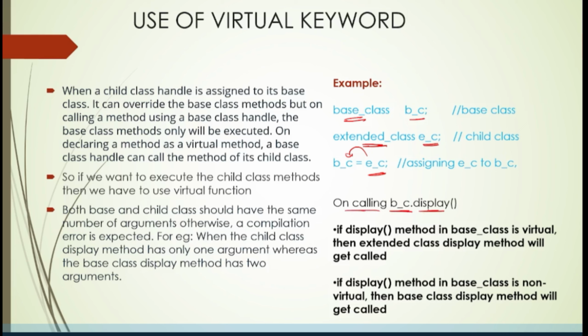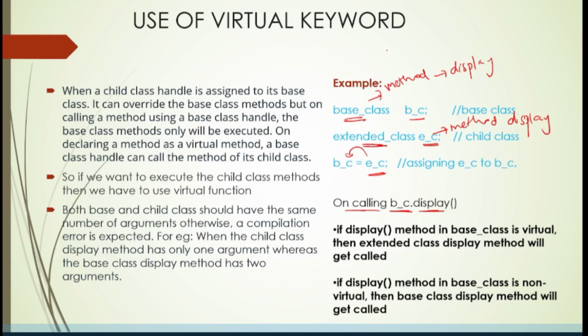You all already know that every class will have some methods and properties. So my base class has a method named display. Similarly, my extended class also has a method named display. You can do that; you can write methods with the same name in both the child class and the parent class.